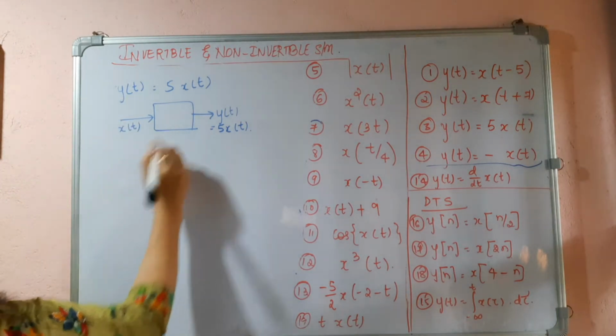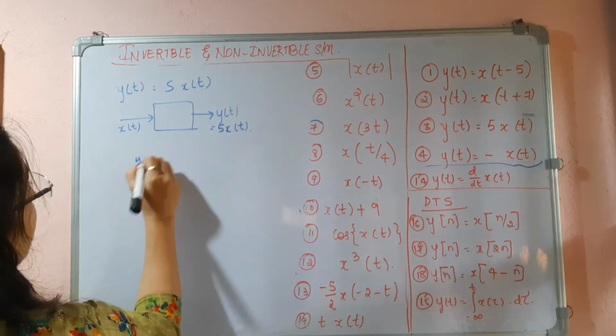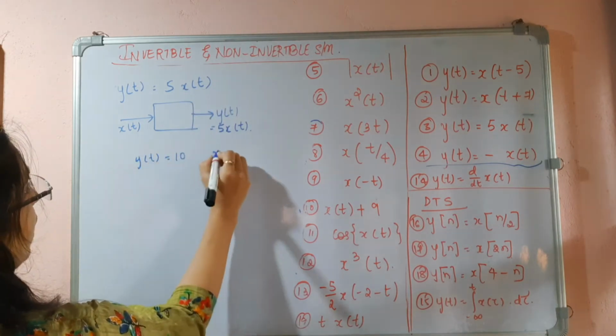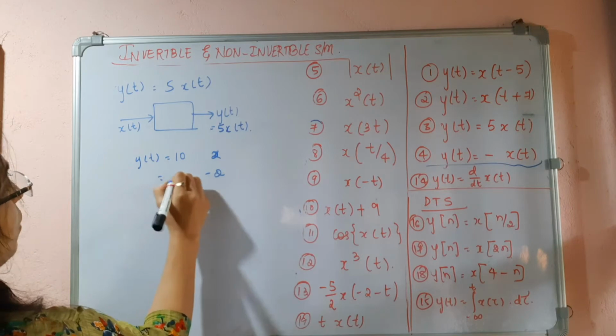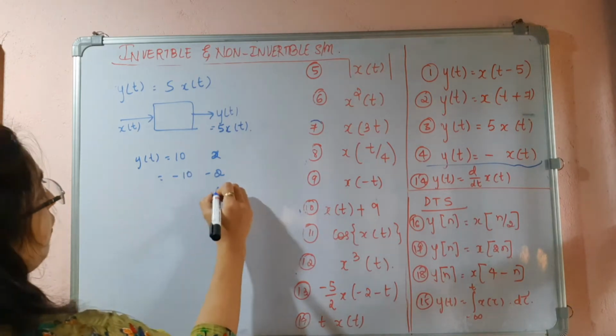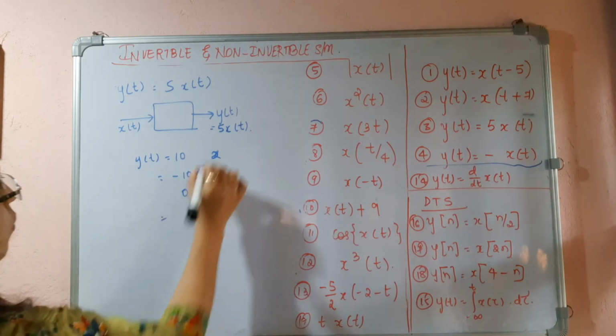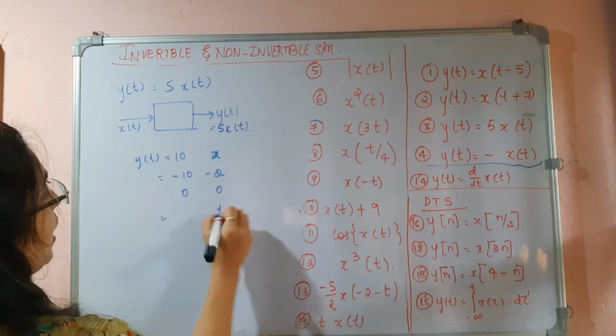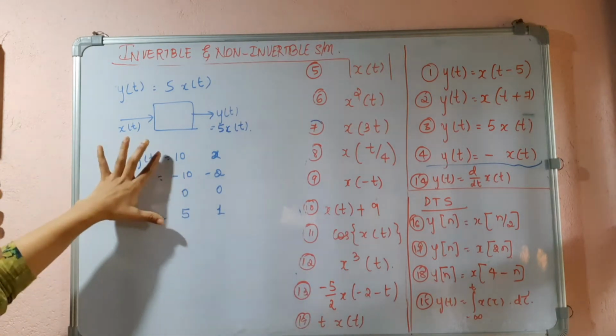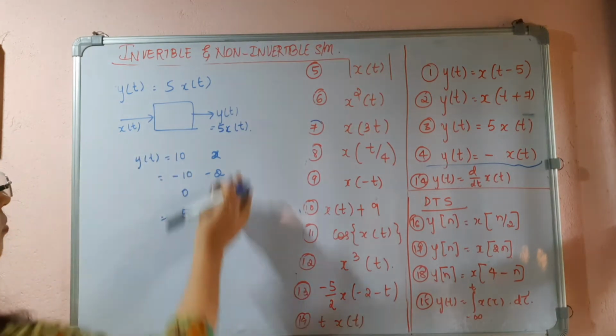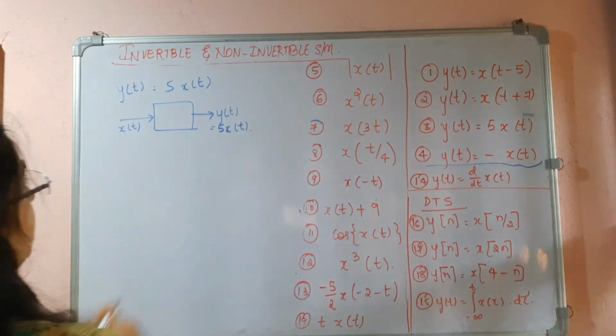Suppose I give x of t as 2, I will get y of t as 10. If I give minus 2, I will get minus 10. If I give 0, this is 0. If I give x of t as 1, this is 5. So this is also producing distinct outputs, so this is an invertible system.